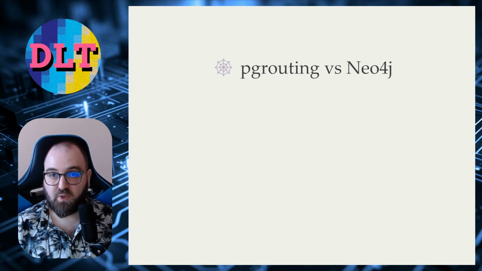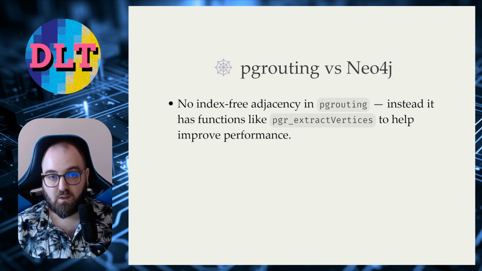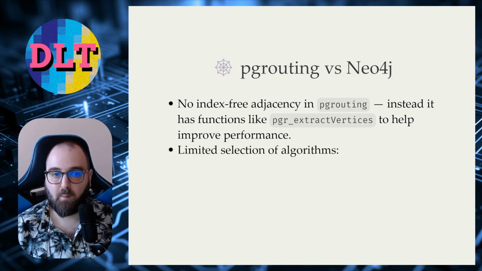So comparing PG routing and Neo4j, there is no index-free adjacency in PG routing. Instead, it has functions like PGR extract vertices to help improve performance, but only for very specific operations.